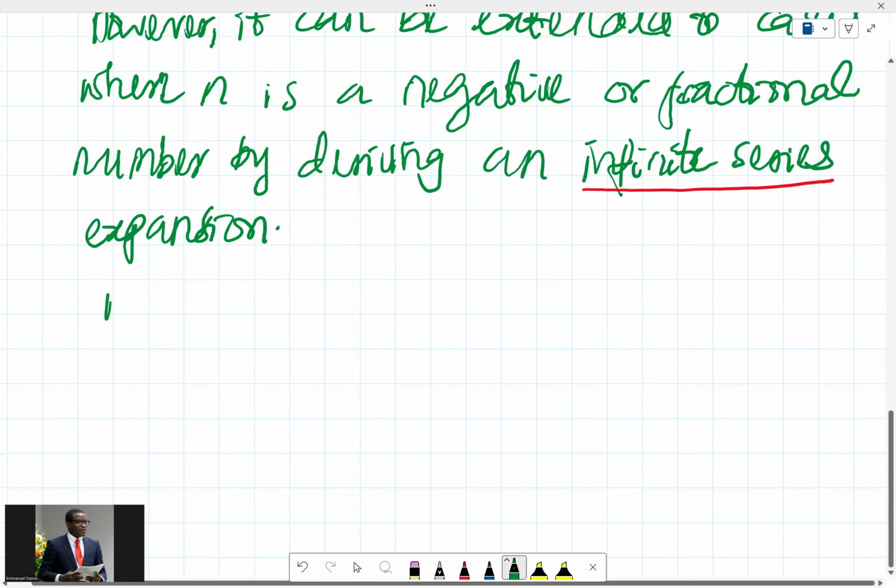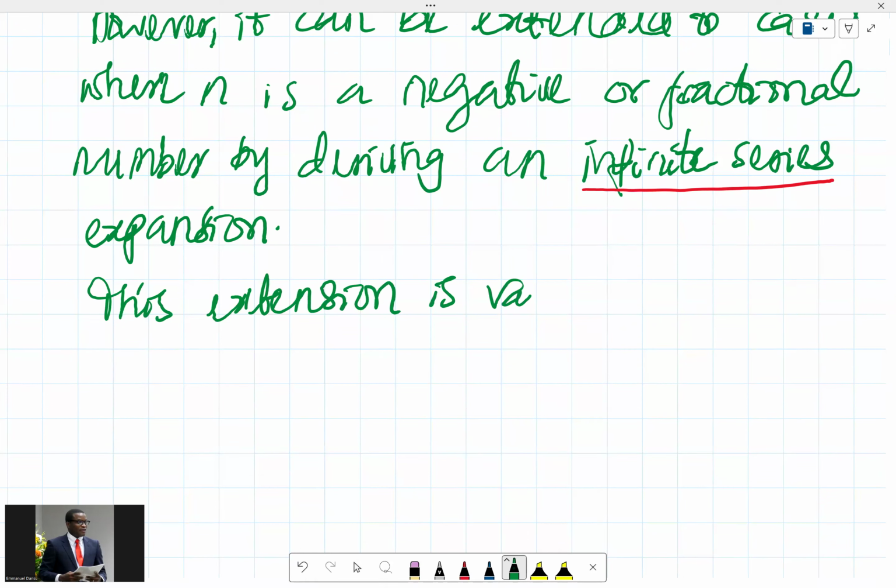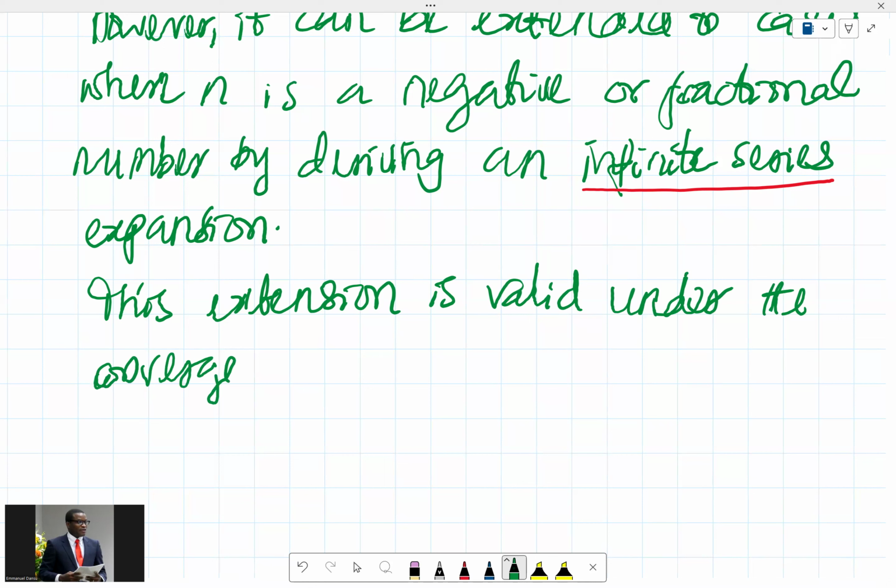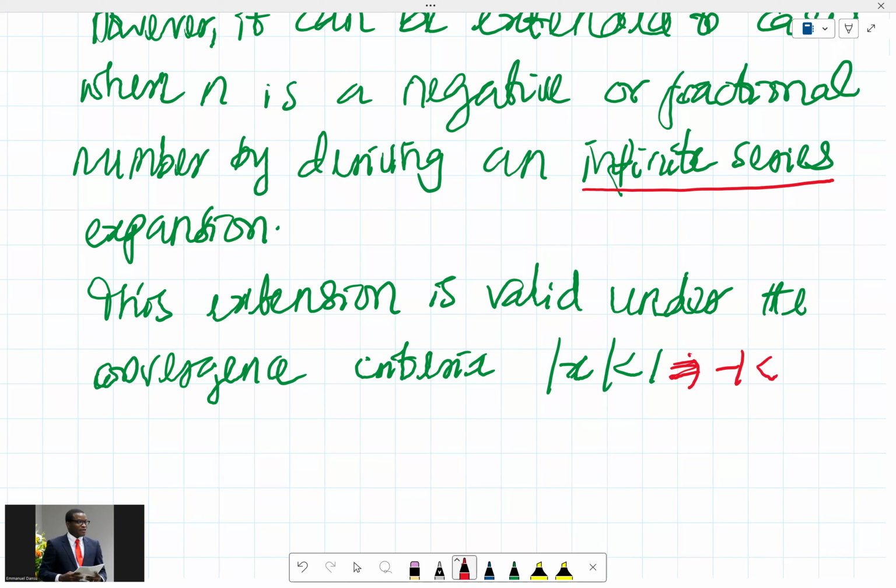Now, this extension is only valid under the convergence criteria, which is that the absolute value of x is less than 1. And of course, the way to interpret this is that -1 is less than x is less than 1. So this is the condition for this to hold.